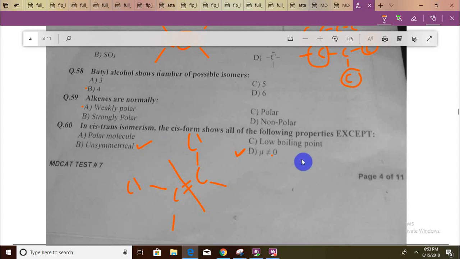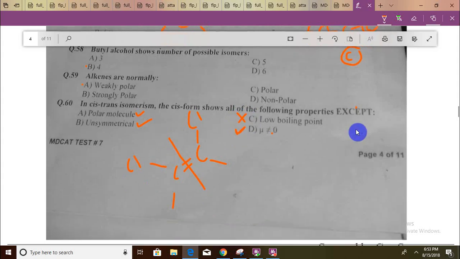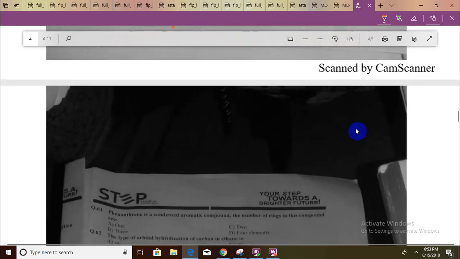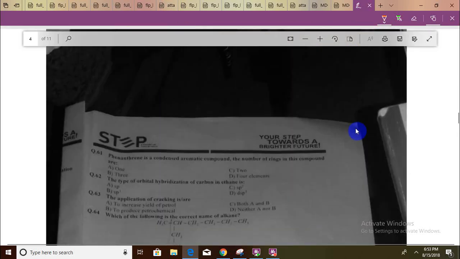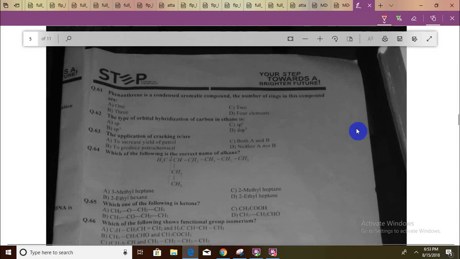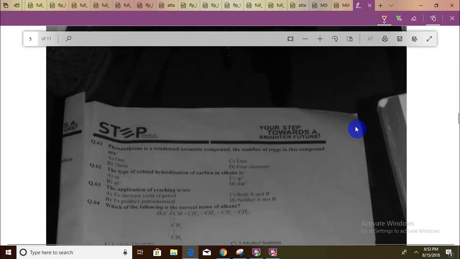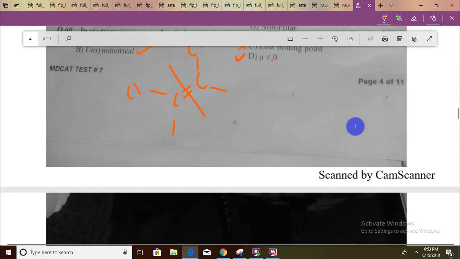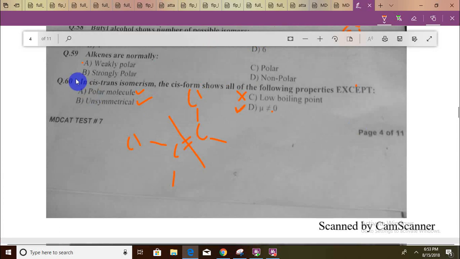That is something that is dependent on the side chains that are attached. They are likely to be polar because of the lack of symmetry. I would say the low boiling point might be the incorrect one. This one should be subject to some amount of research.